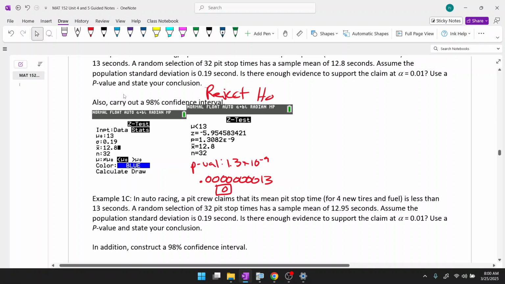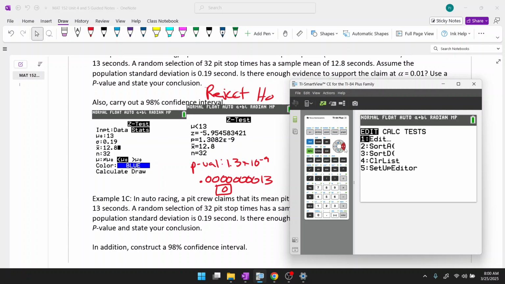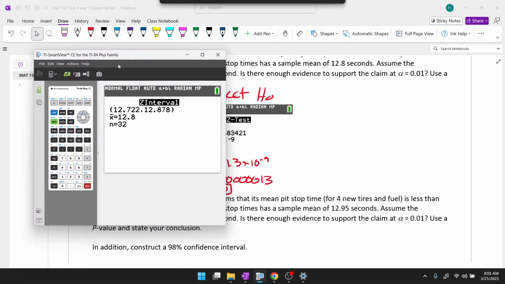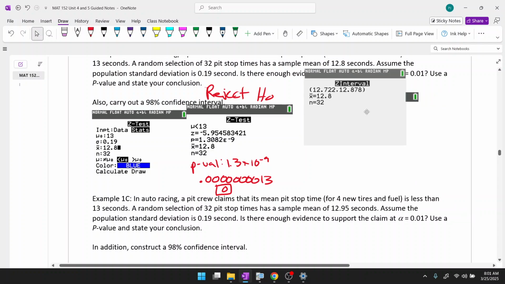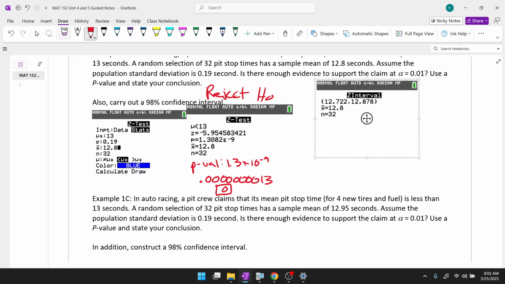Yeah. So then what we'll do is the corresponding confidence interval. So we go to Z interval once again, and this time with everything. We see that the interval goes between 12.722 and 12.878.